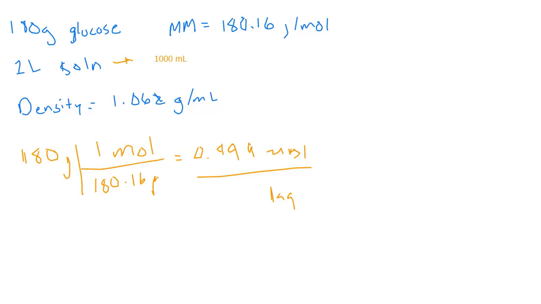And then from there, we can do a little dimensional analysis. Using our density formula, we know we have 1 milliliter, and we also have 1.062 grams. So throwing that into our calculator, how much mass do we get?